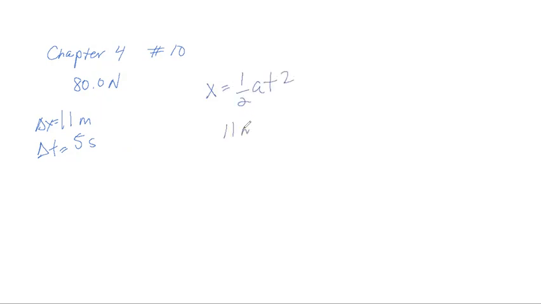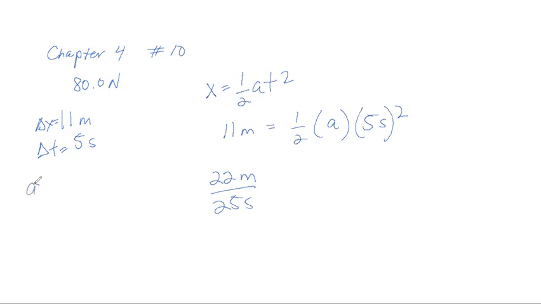So 11 meters equals 1/2 times a times 5 seconds quantity squared. a is going to be equal to 22 meters over 25 seconds squared, and that's going to be a equals 0.880 meters per second squared.